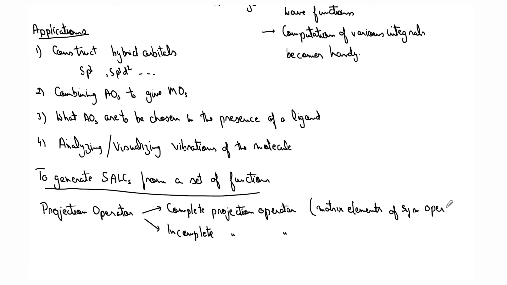You know how symmetry operations can be written in matrix form. So you need to know all the matrix elements of all the symmetry operations, and the incomplete projection operator works with the trace, simply the traces of the above matrices.